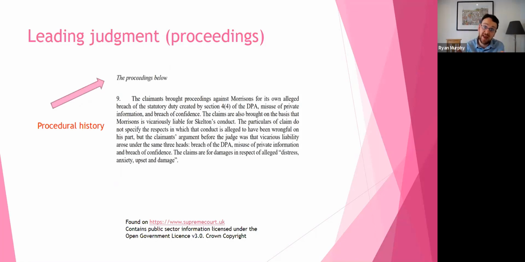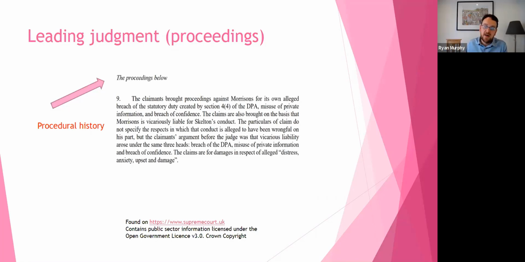The judges will label this differently, but you will find out what has led to the appeal. So you'll have the basic material facts of the case, the facts that led to the legal issue in the first place. And then you will often get the appeal court judges summarizing the position of the court below, of the court from which this appeal has come.